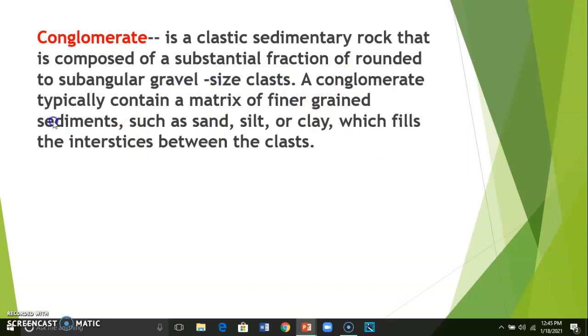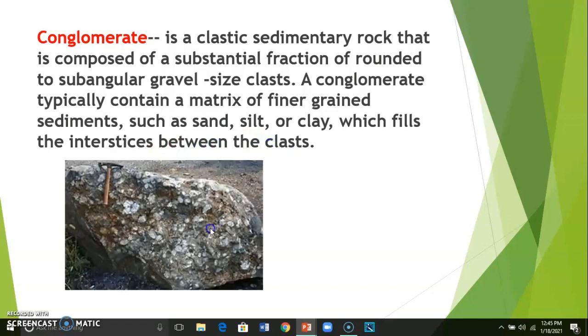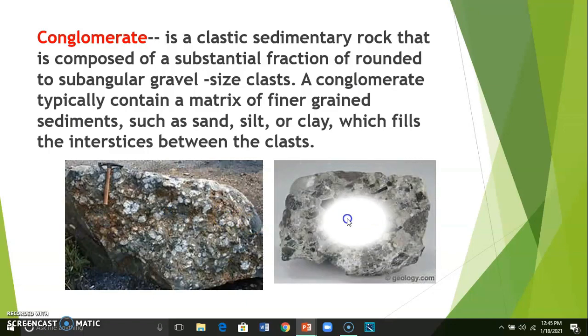A conglomerate typically contains a matrix of finer grained sediments, such as sand, silt, or clay, which fills the interstices between the clasts.